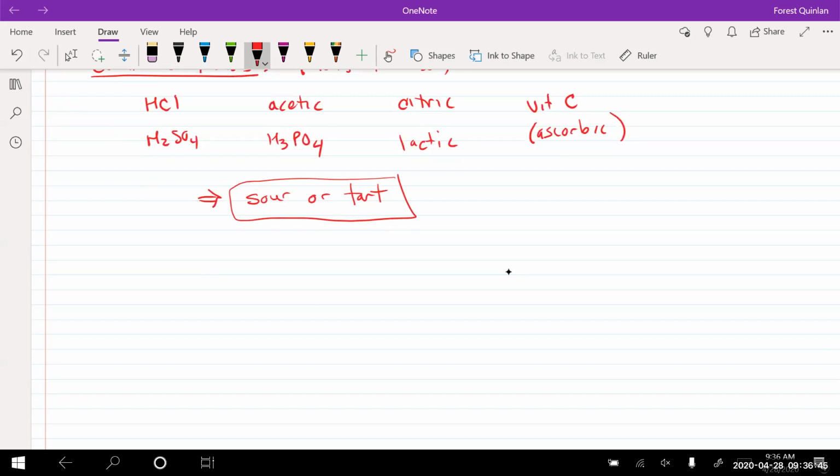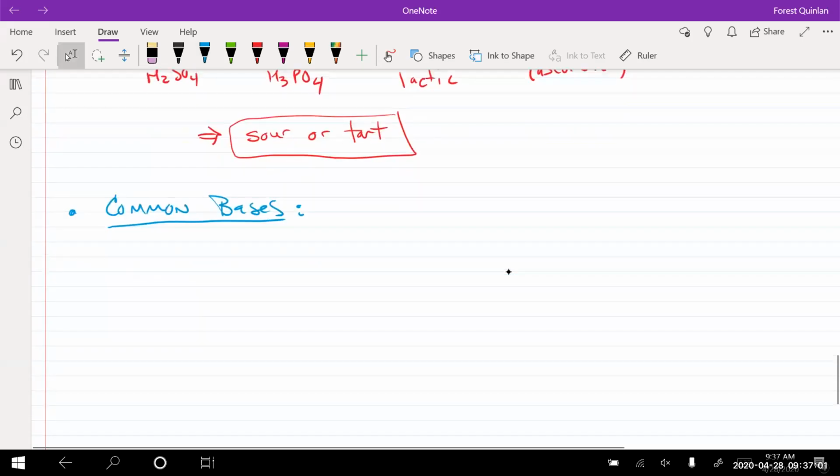The bases might be a little harder. So, common bases. Now I'm going to say that it's harder, but I'm going to give you a bunch just because if I don't, we will not get anywhere.